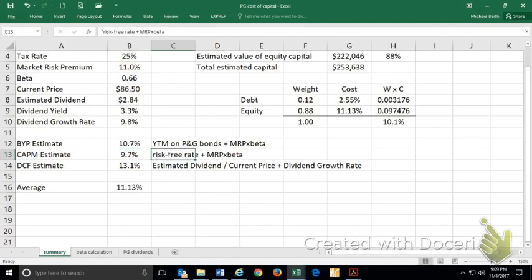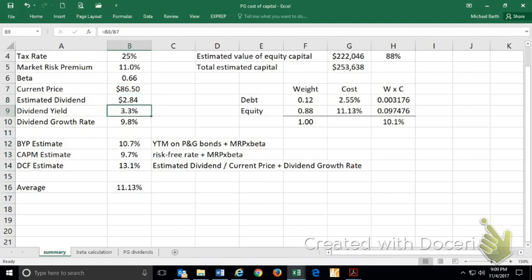So the real difference in how I compute these two is that the CAPM estimate is using a risk-free rate, and the bond yield plus method is using the company's actual bond yield, which is going to be higher than the risk-free rate. Different people have different shades of doing that. The discounted cash flow is the estimated dividend for next year divided by current price.